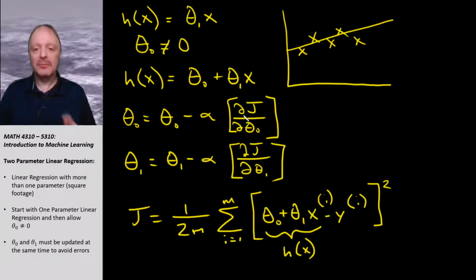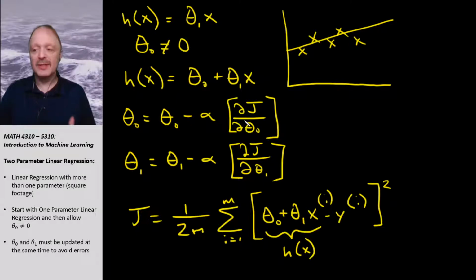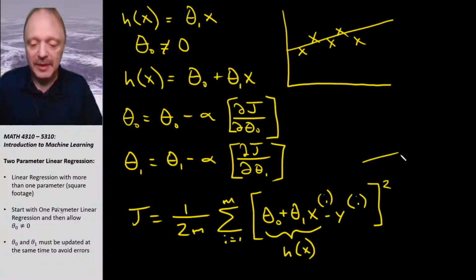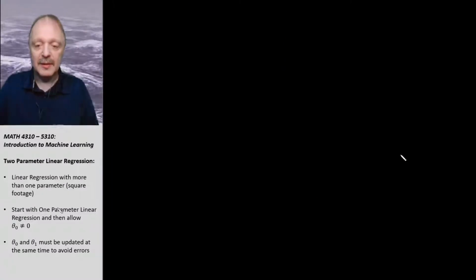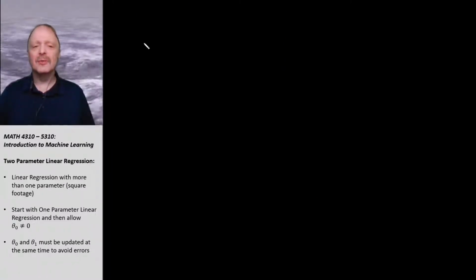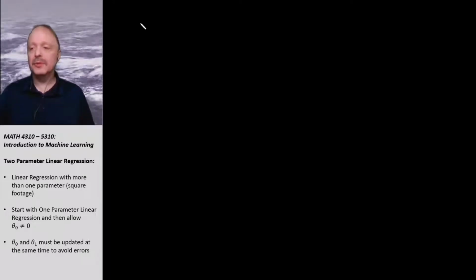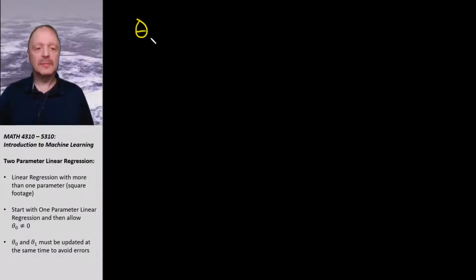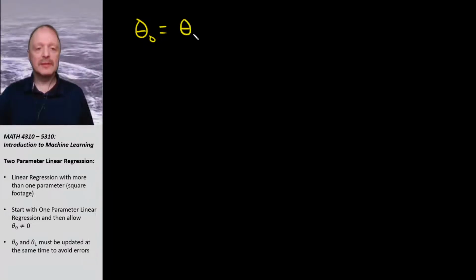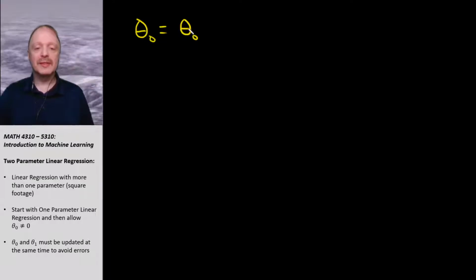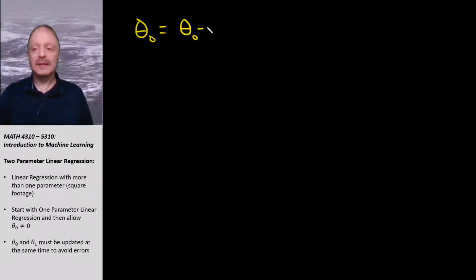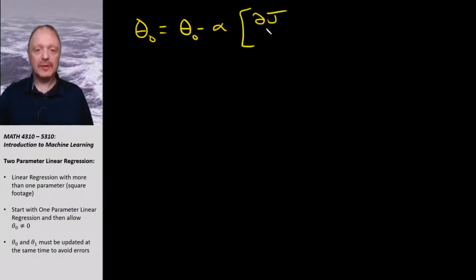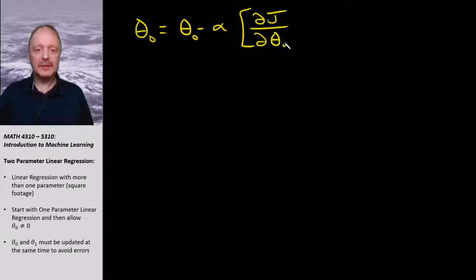Now that we have made these changes to our hypothesis function, we are going to have a problem with the code if we try to use the code like we've been using. So let me clear this, and I'll show you why we have a problem with this. If I do where theta sub 0 new gets theta sub 0 old minus alpha times the partial of the cost function with respect to theta sub 0.